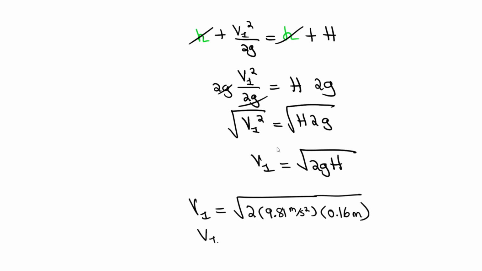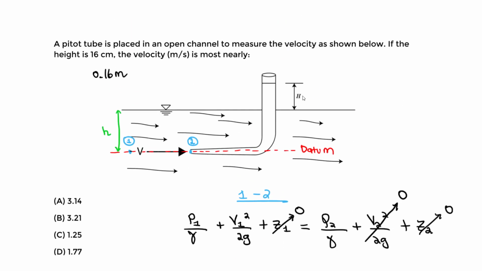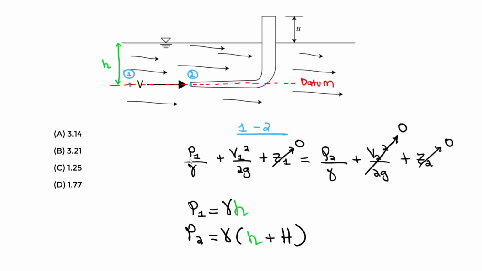And now we can solve for the velocity of 1. Let me do the math there. 2 times 9.81, and we multiply that by 0.16, and we take the square root. We get 1.77 meter per second. So this is the velocity when we have that height. That height, uppercase h, for this Pitot tube.